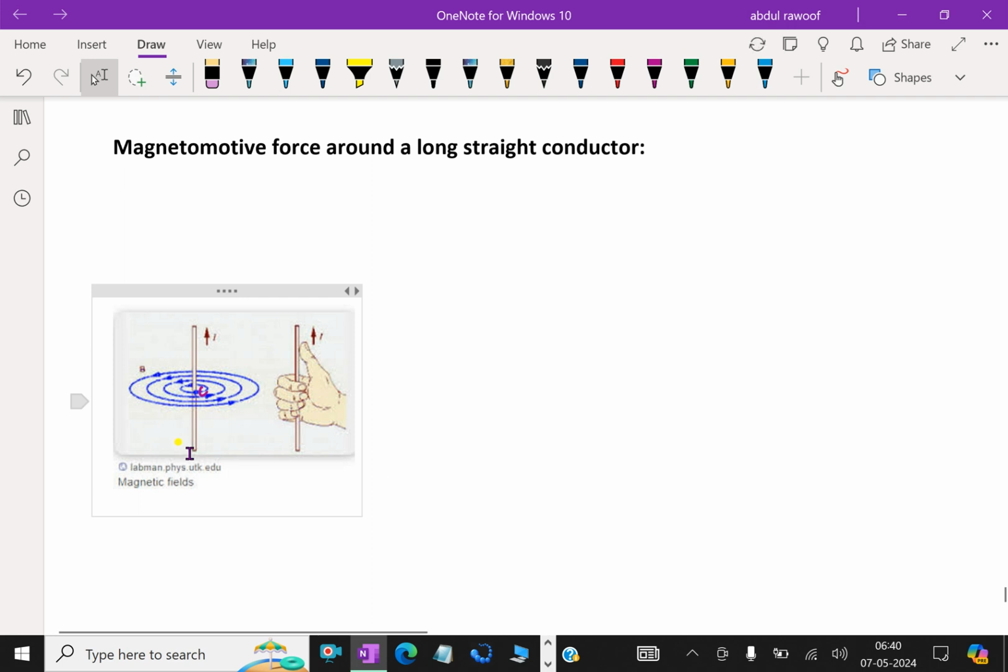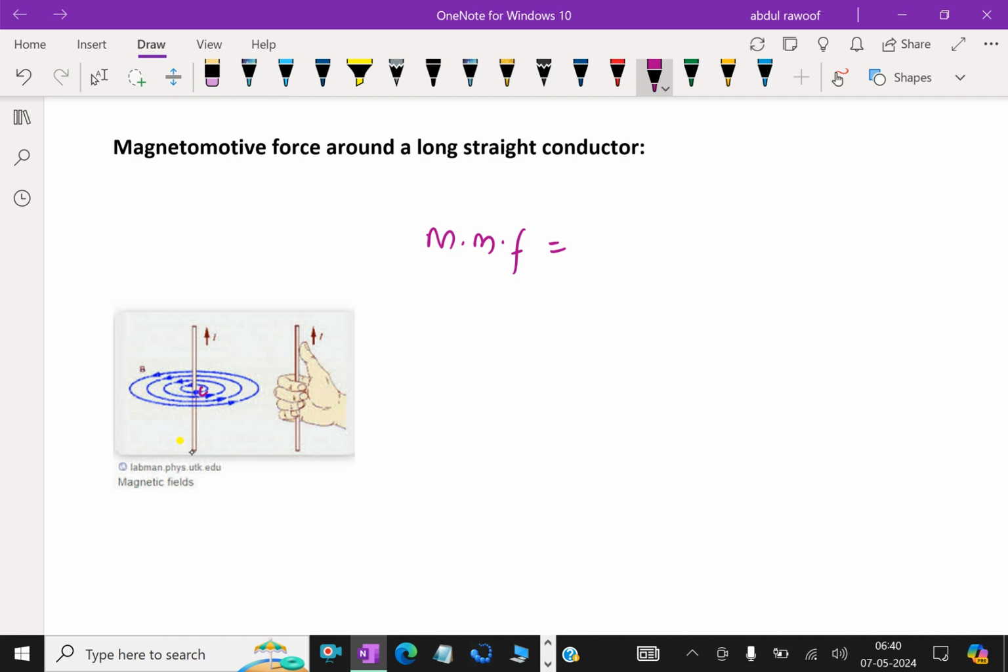The direction of this force is tangential to the circular line of force passing through C. If this unit N pole is moved once around the conductor against the force, the net work done, that is the MMF, equals force times distance, which is equal to the current I.